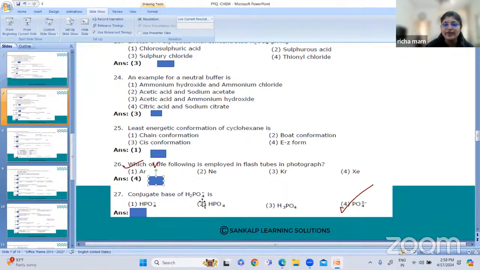Conjugate base of H2PO4 minus is. Navishri Avedati has answered as 1.